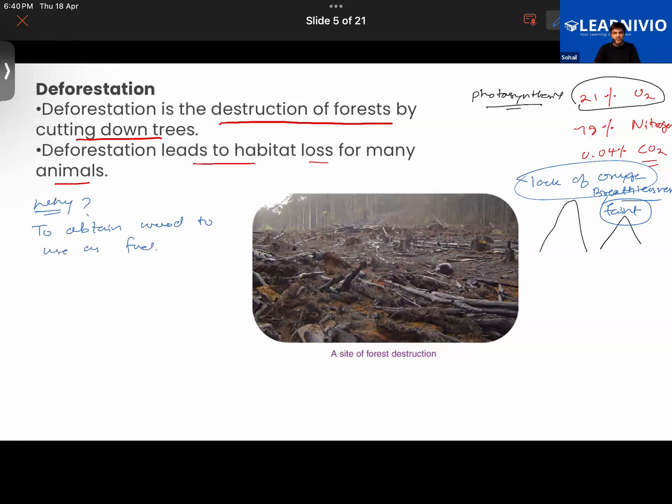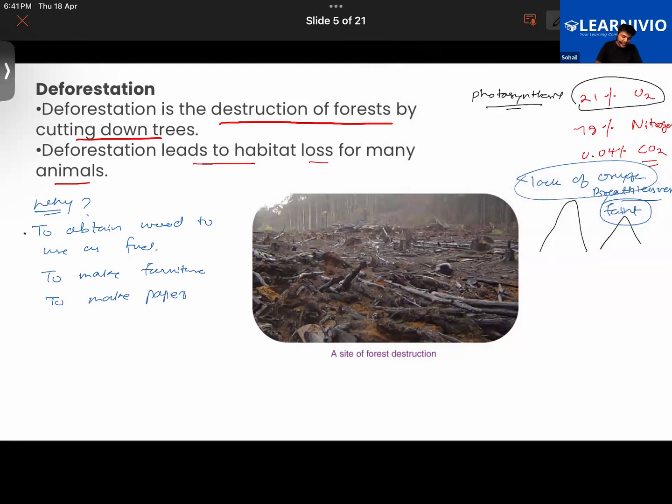Another reason could be to make furniture. Then also you know that to make paper we require wood, isn't it?